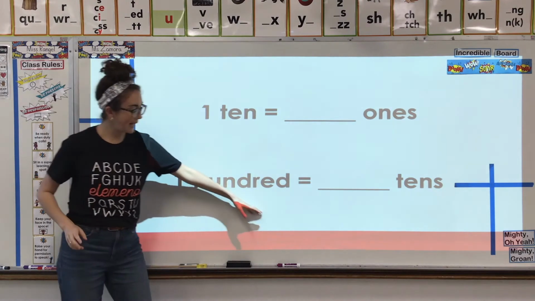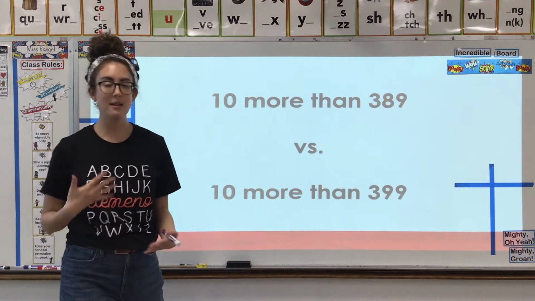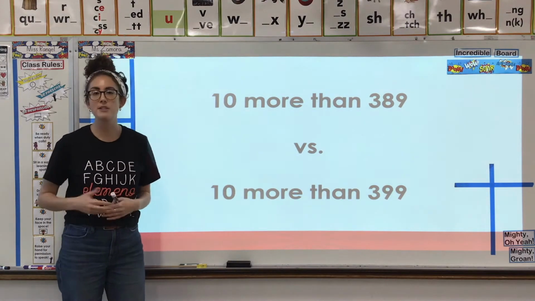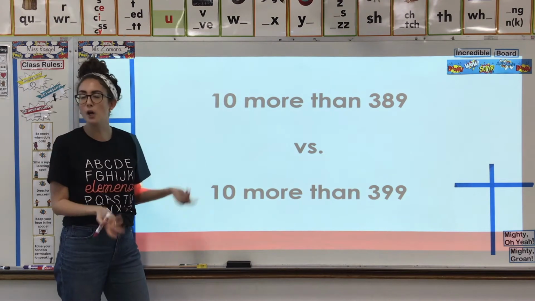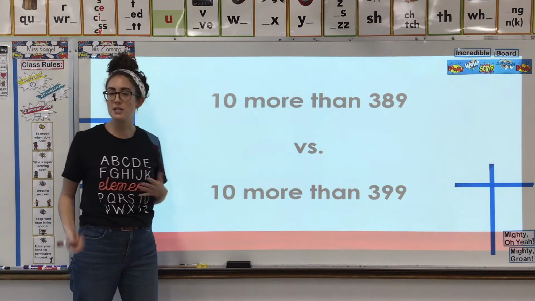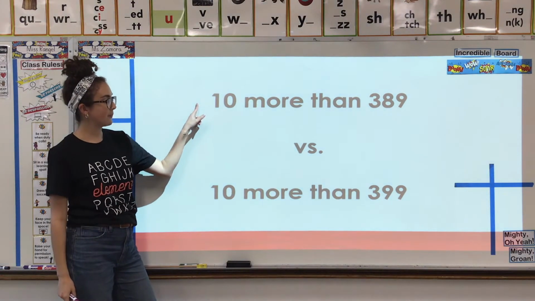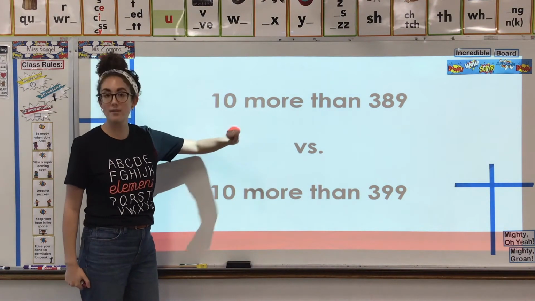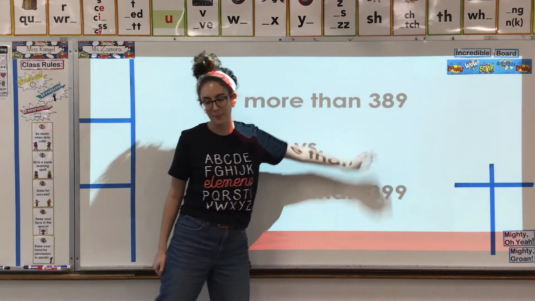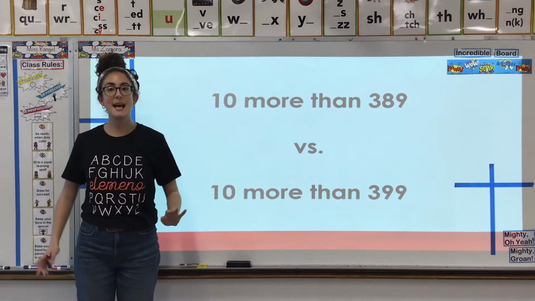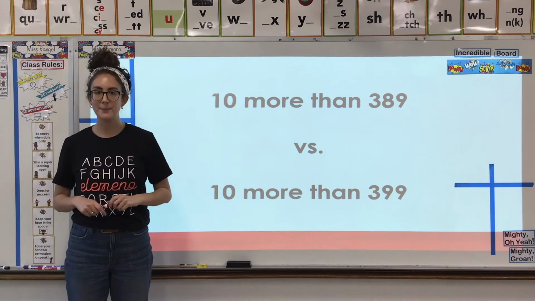Okay, so like I mentioned in the learning target, there's 2 different ways where we can add or subtract value. Let's look at these 2 examples and talk about the different strategies we would use to solve. So first up, we've got 10 more than 389. So this sentence is asking us to add 10, count up a 10.